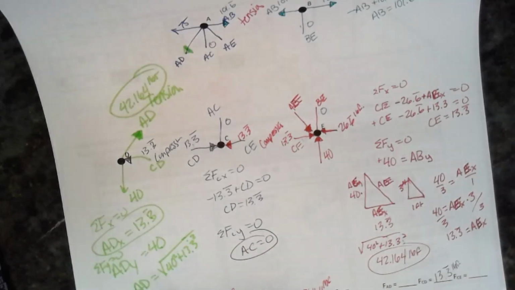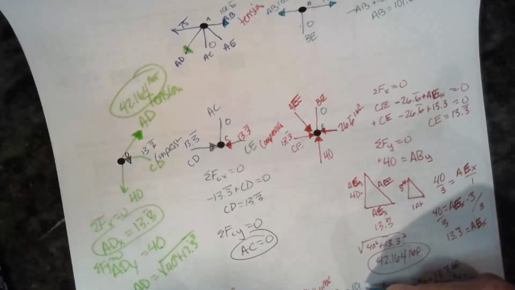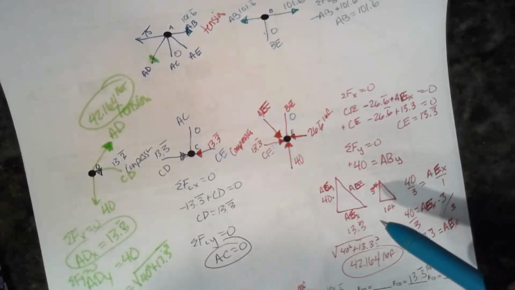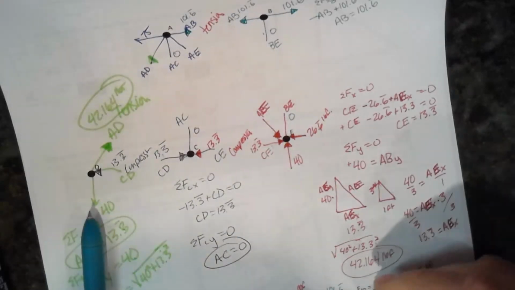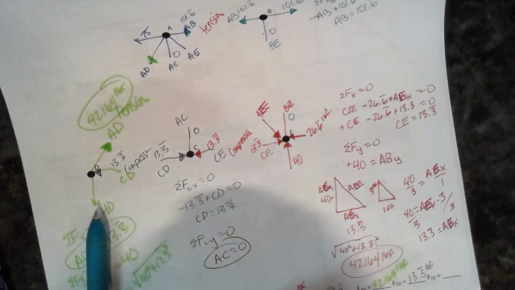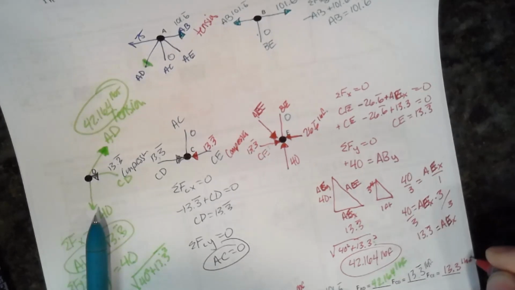We said AB was 101.6 repeating pounds of force. We said AD was 42.164 pounds of force. And we said CE was 13.3 pounds of force. All right, I think that's all of them.